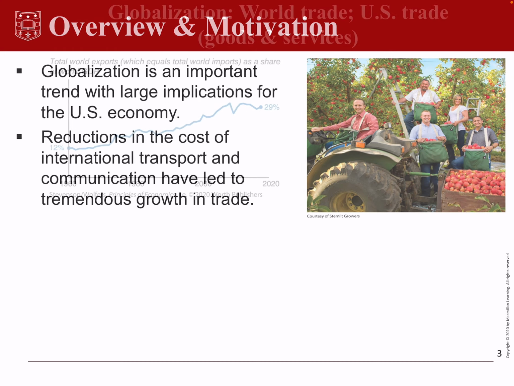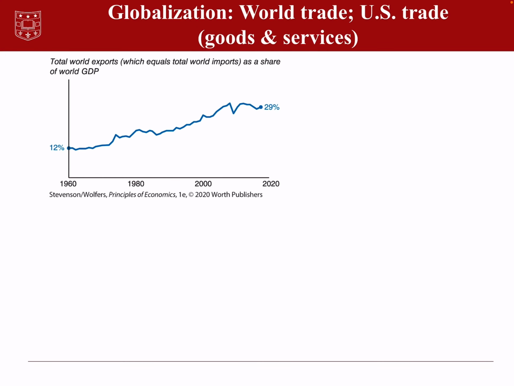What I want to do at this point is show you some pictures. Again, these are just pictures in the textbook. You can see the explosion of total global trade in this first graph, which shows total world exports, which also have to be equal to imports, right? For the whole world, somebody's exports are an import to somebody else, as a share of global GDP.